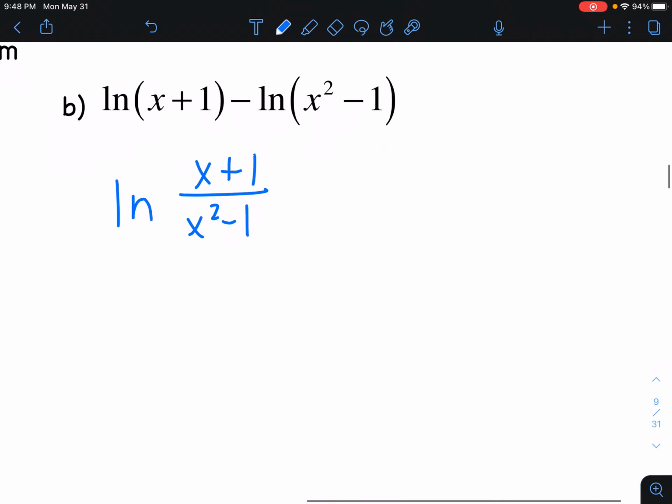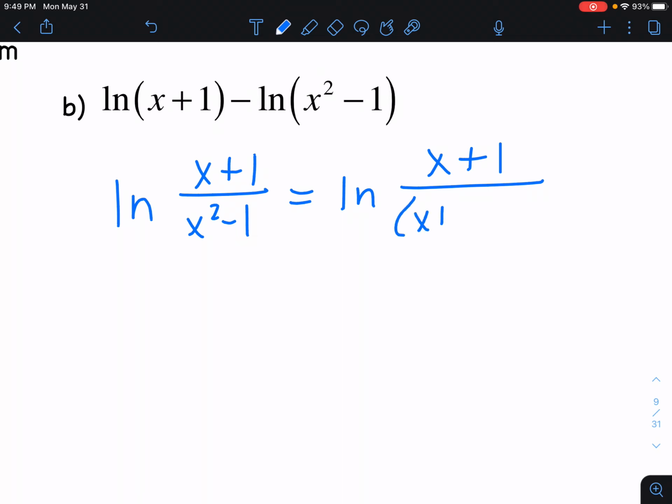But this kind of uses an old algebra thing of when we used to simplify fractions. And when I mean simplify fractions, sometimes we can factor the polynomials. Like, for example, on the denominator, we have x squared minus 1. If you recall, that can be factored into x plus 1 and x minus 1.